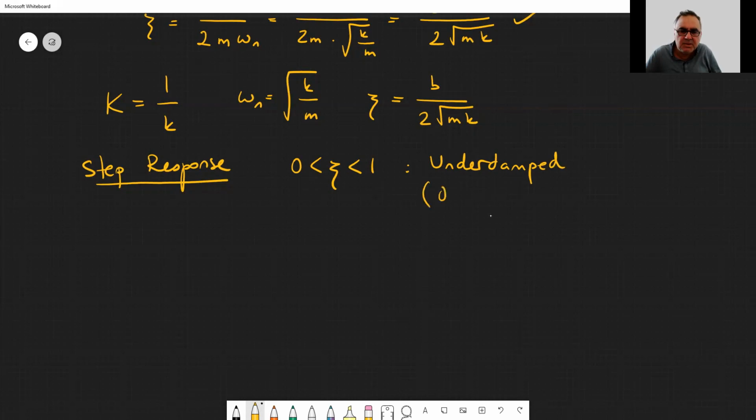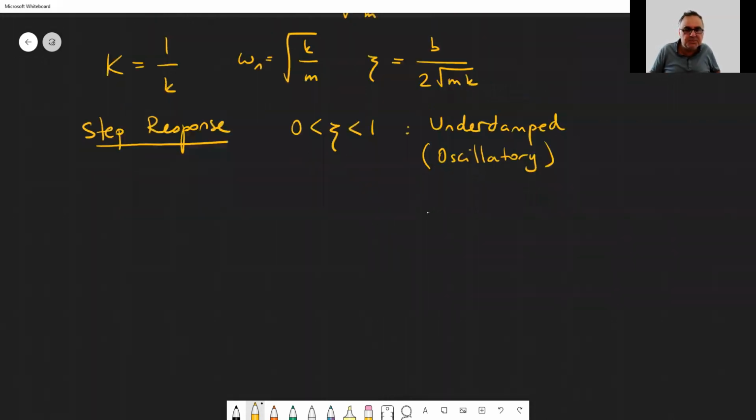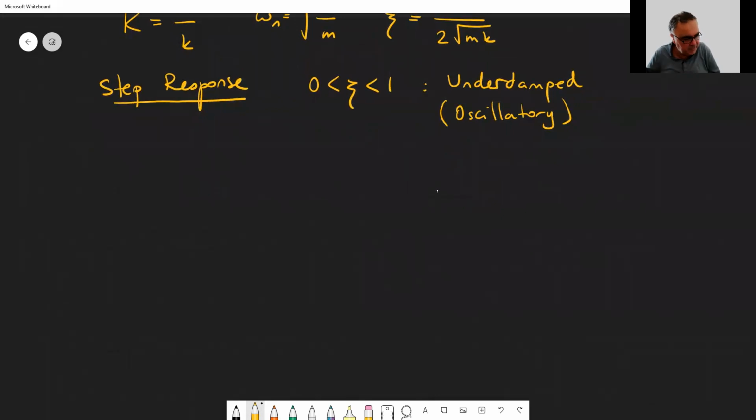In the underdamped case, you have oscillatory response. And for the underdamped response, you have the following kind of response. If the input is u of t is 1 for t greater than 0, then u of s will be 1 over s, okay?